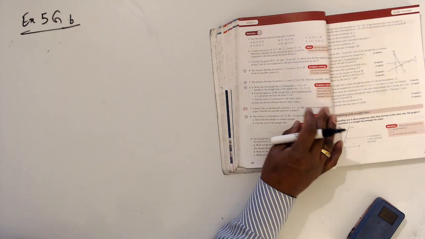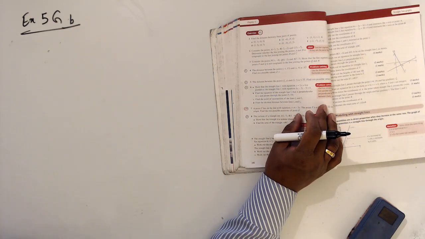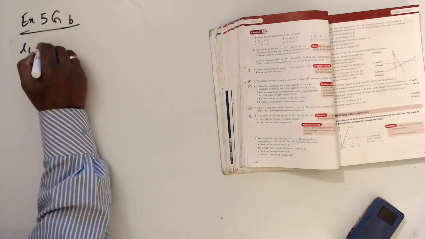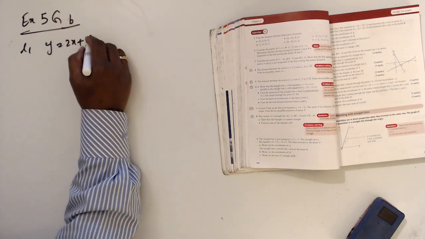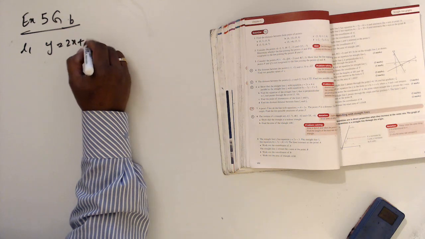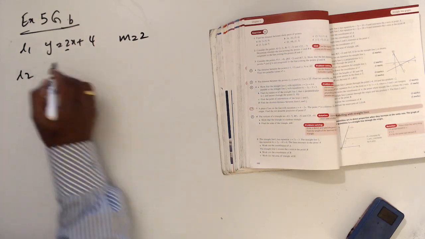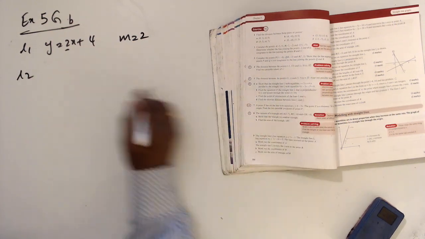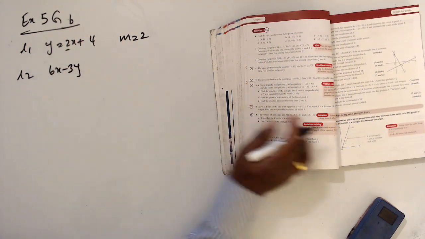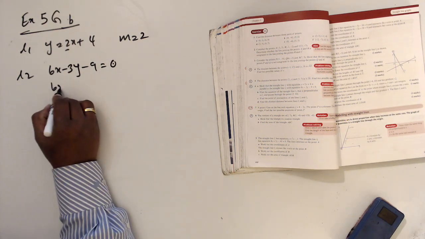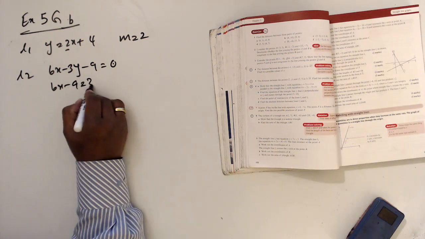Question number 6. After you read this question, we want to show that two lines are parallel first. L1: y equals 2x plus 4. So m, the gradient, equals 2. L2 is 6x minus 3y minus 9 equals 0. 6x minus 9 equals 3y, moving minus 3y to the other side.